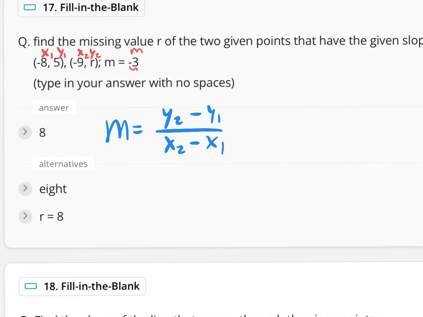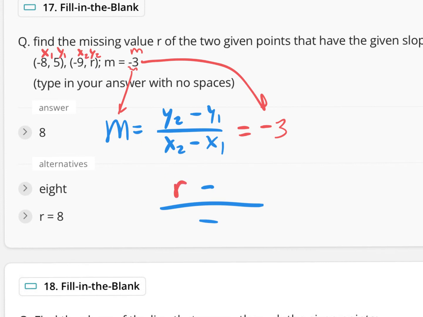So let's plug in our m right here. And if you wanted to, you could put it over on this side. It'd probably make more sense to put it on that side. So put the -3 right there because -3 is m. And then also plug in all your other coordinates. My y2 is r. I'm going to put an r right there. My y1 is 5.